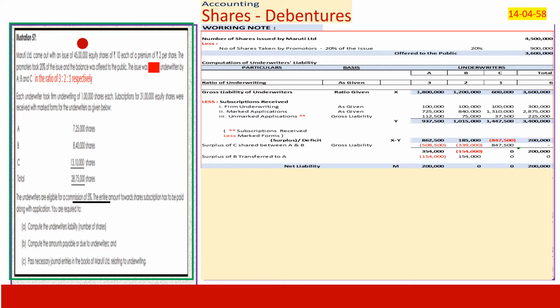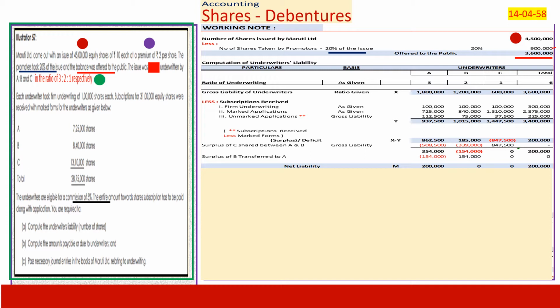Maruti company came out with an issue of 45 lakh equity shares of 10 each at a premium of 2, means 12 is the value. The promoters took 20% of it, means 20% of 45 lakhs is 9 lakhs, and what remained was 36 lakhs.